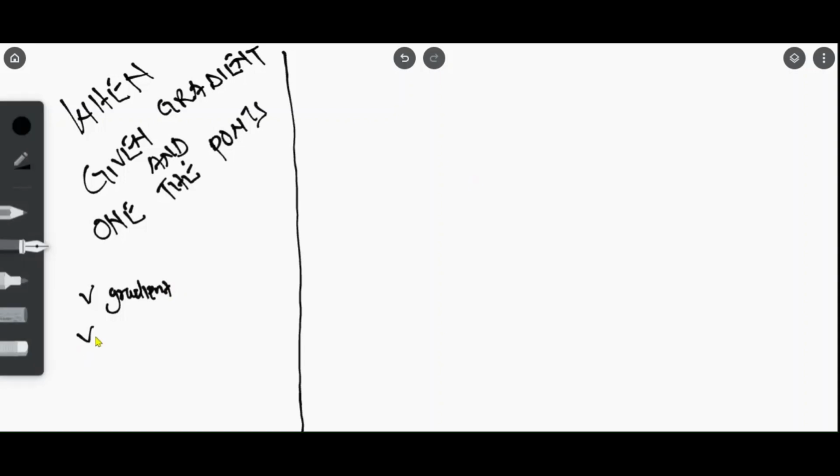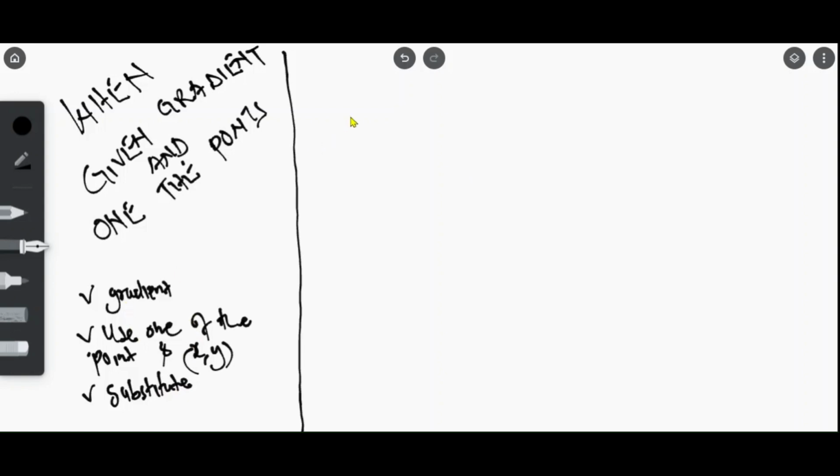The second step is to use one of the points and x, y. Then the last step is to substitute the two gradients.